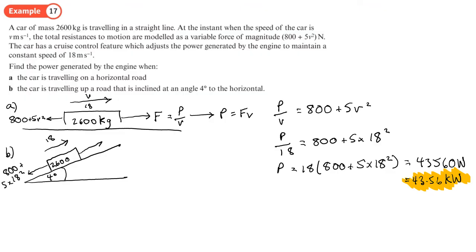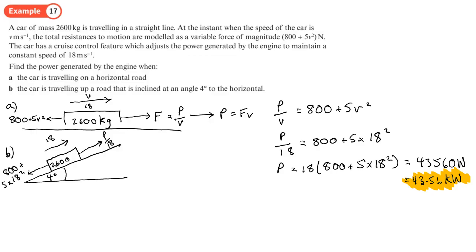We want to calculate the power, which is going to be P over V. Let's just put this as P over V here for the minute. And actually, we can put P over 18, can't we?